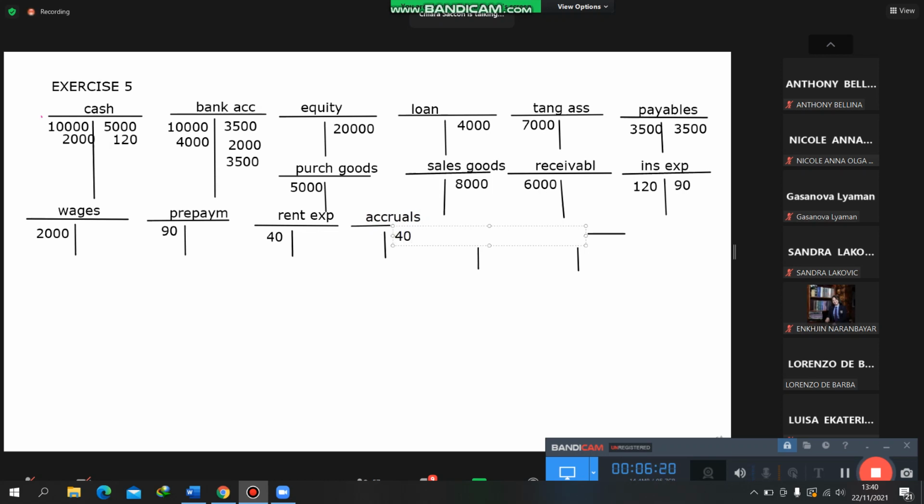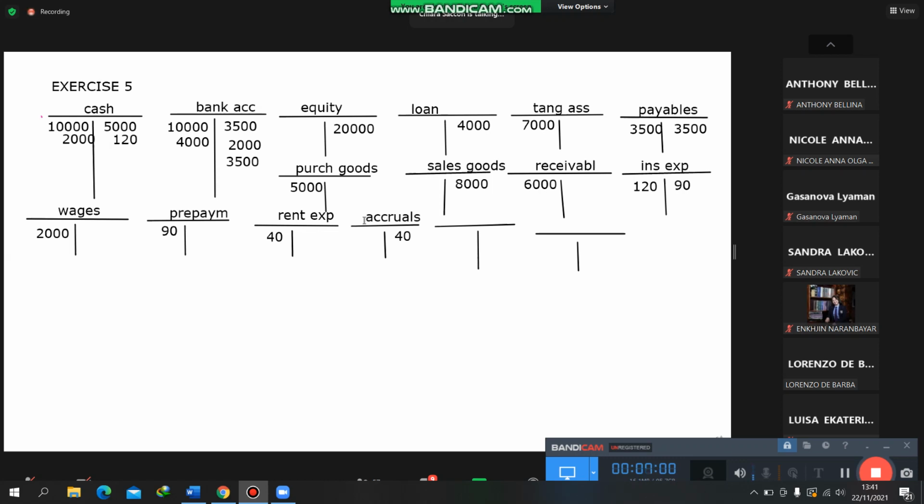It's like a payable liability. So it means that we have a rent expense related to the period, but we didn't pay for it. So there is an arising debt, payable for 40. So rent expense 40 in the proper part, because we are integrating, we are not rectifying, we are integrating something that was not recorded. And at the same time, we write the related debt or payable, called accruals because it is coming from the adjustment at the end of the period. Okay, done. First line of adjustment.